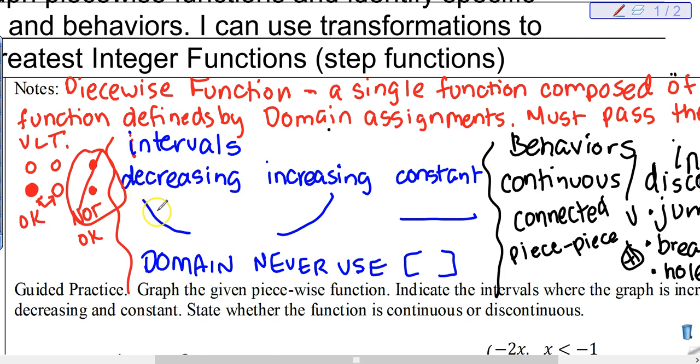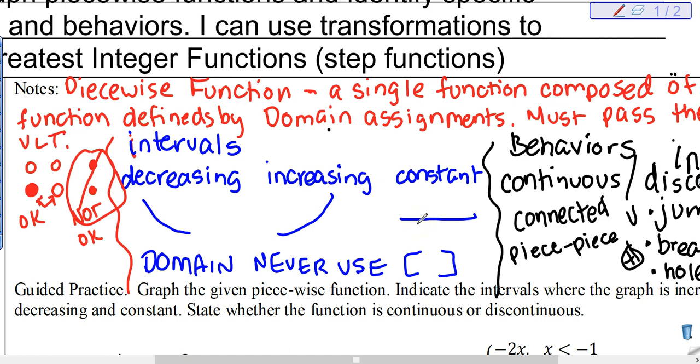The graph will be decreasing, falling left to right. You read it left to right to determine that. If the y's are dropping, then it's decreasing. The graph will be increasing, is as you go left to right, the graph is rising. And a graph is constant if there's no rise and no fall.